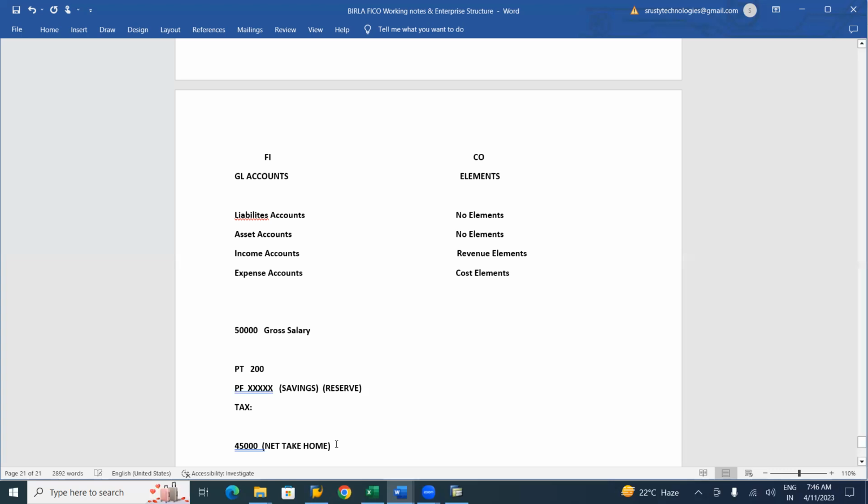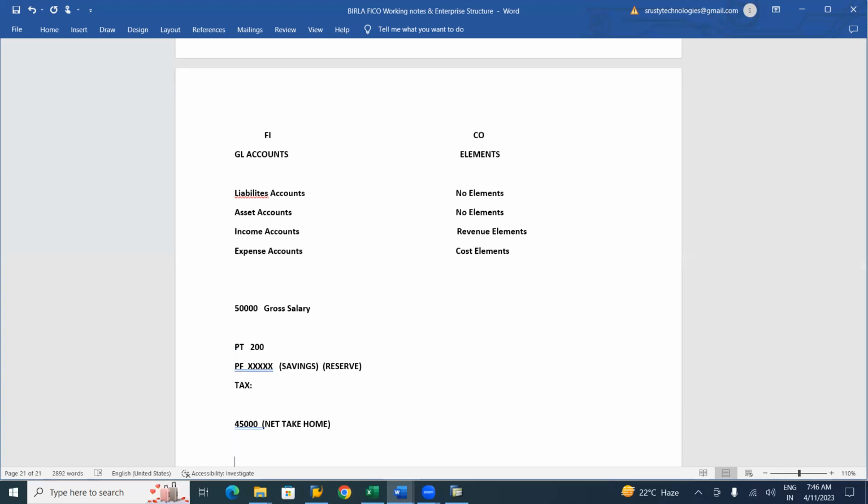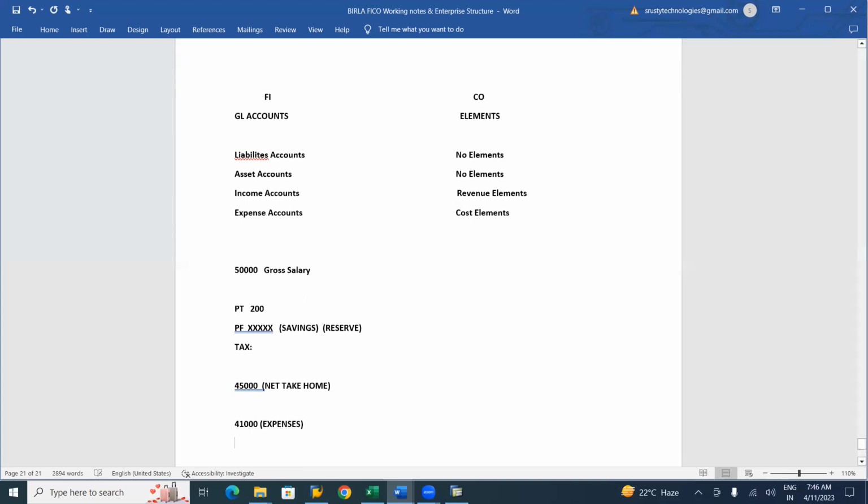Now, after meeting all expenses, whatever domestic expenses, medicine and all, you are spending a total of 41,000. So what is the left out amount after 45, 41?